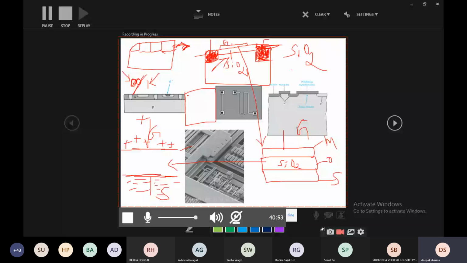How will it store? It will store with the help of a capacitor only, right? So each and every pixel in the image, or each and every word, or each and every part of that song is nothing but charge only. Either it is 0 or it is 1.